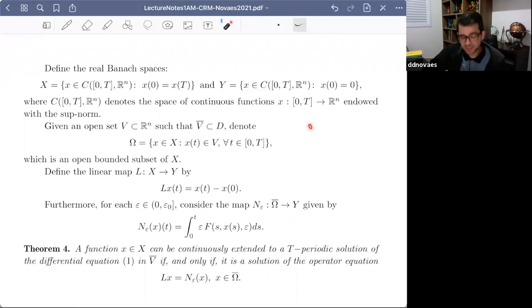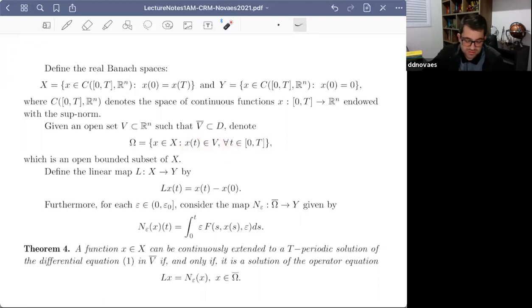The idea here is to find periodic solutions inside a set of the domain. So given an open set V of R^n such that the closure of V is inside the domain, we denote by Omega another set, which is a subset of X, such that x of t belongs to V for every t in the domain of definition of x.